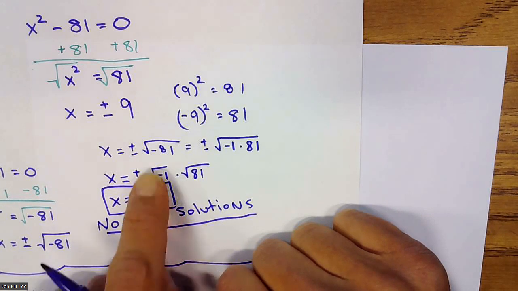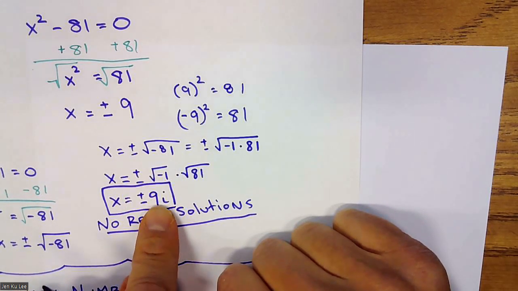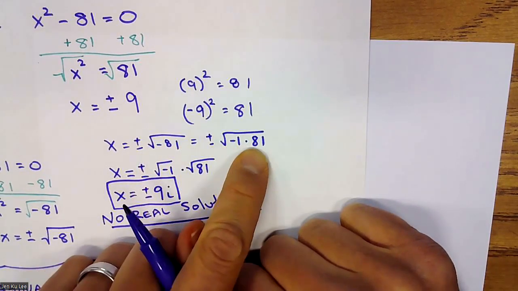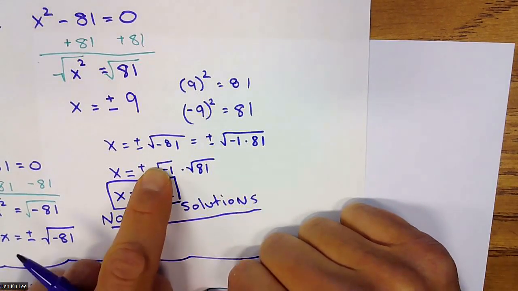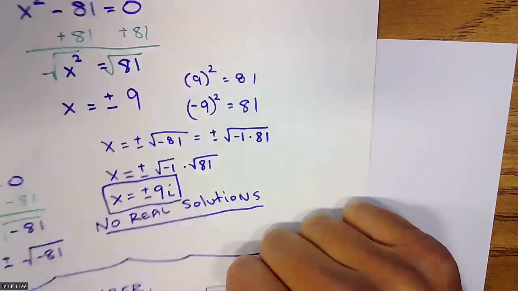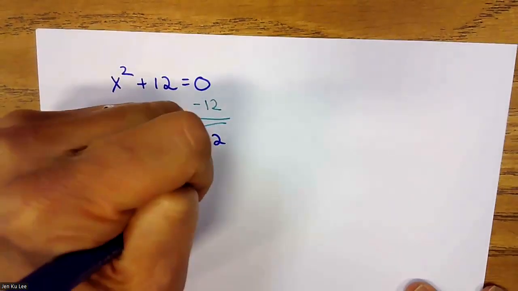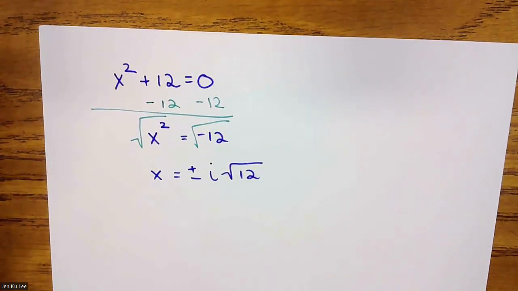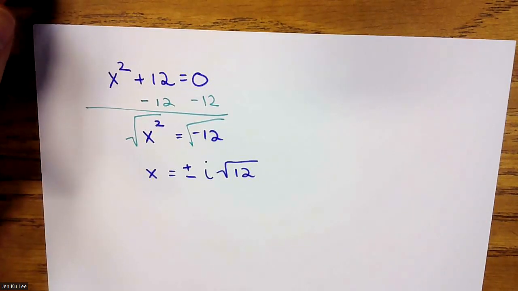Because that's the end product, right? The negative just comes out by doing this, and then just comes out as I. I'm just going to pull it out right here. So that's I square root of 12. I saw a negative, I just pulled it out, stuck an I there.